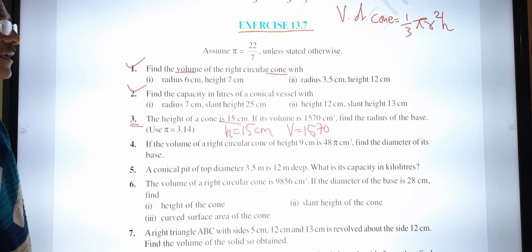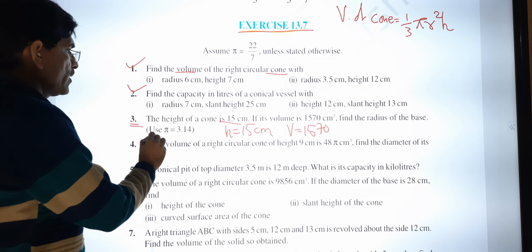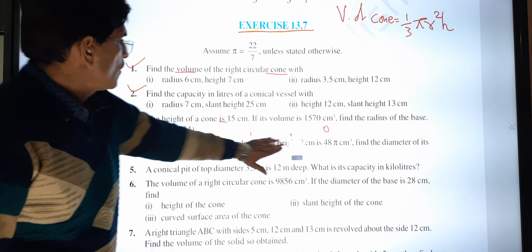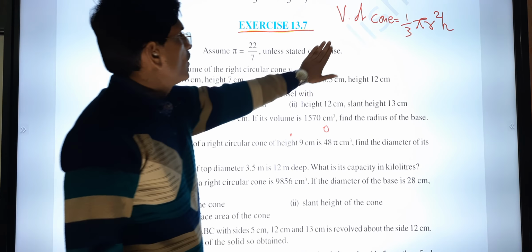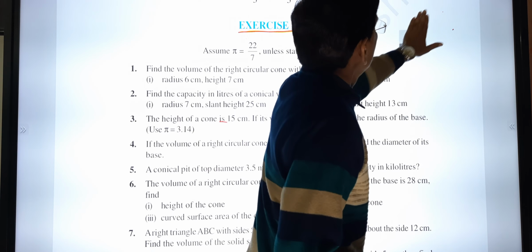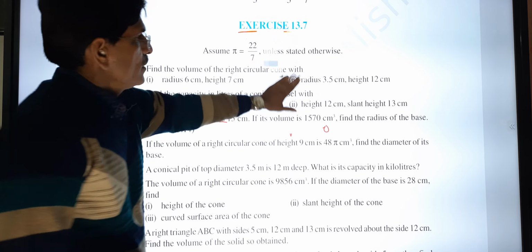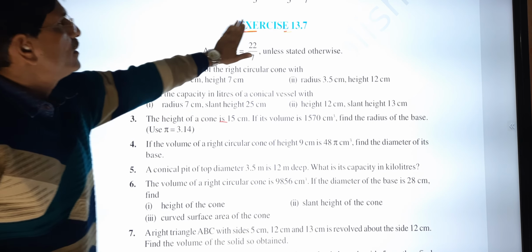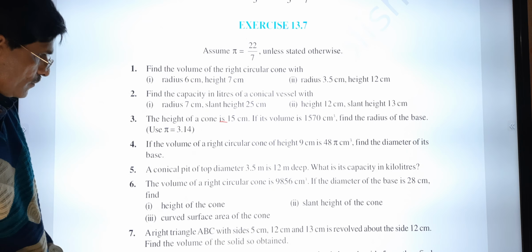Find the radius, and we have to use pi as 3.14. So what is the first step? We have to write the formula first and then we can do it.